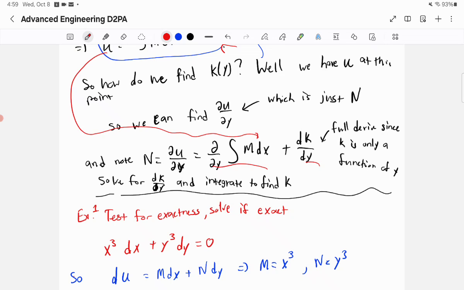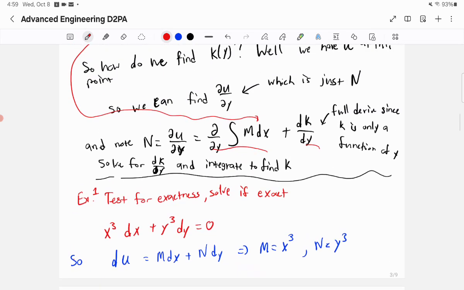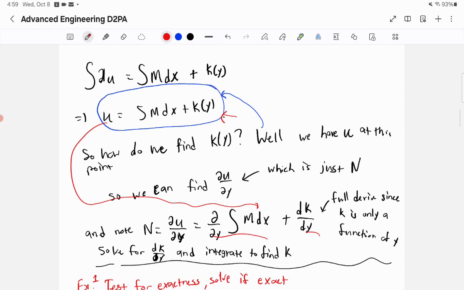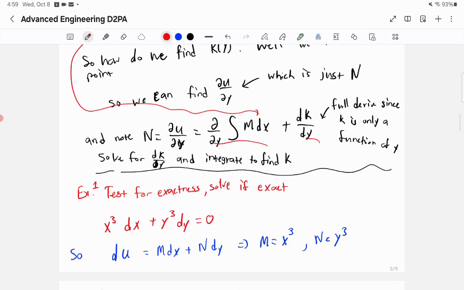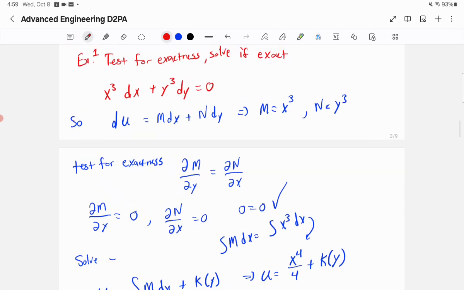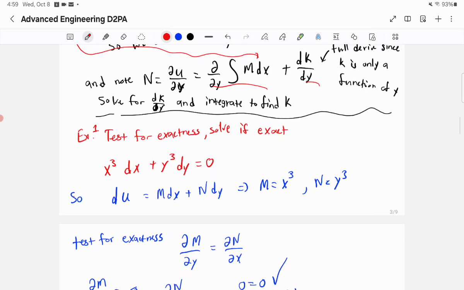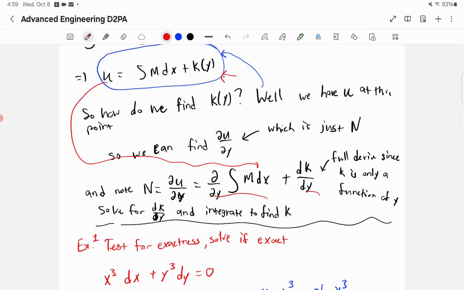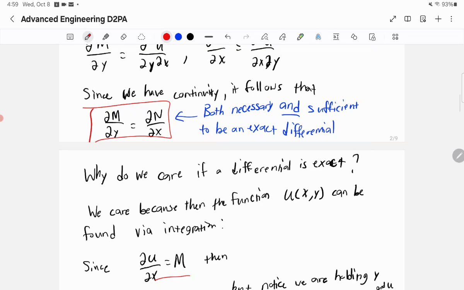So what we can then do, I'm going to actually give an example of this, because this is kind of obtuse, the way that we have this written here. We're integrating whatever this function M is, but it's kind of hard to see how this maps out with an actual function, and the same thing with N. So let's actually do an example. The first thing is I want to test for exactness. Now remember, exactness can be tested by doing this, ∂M/∂y and ∂N/∂x.